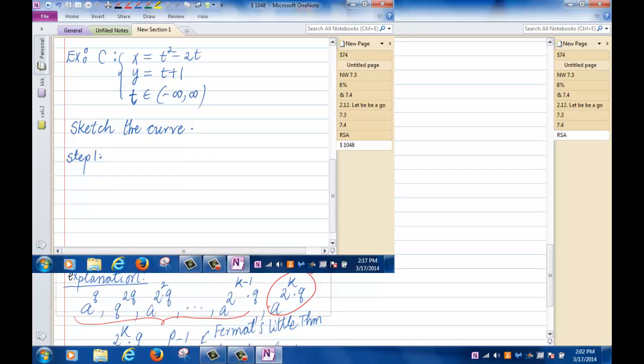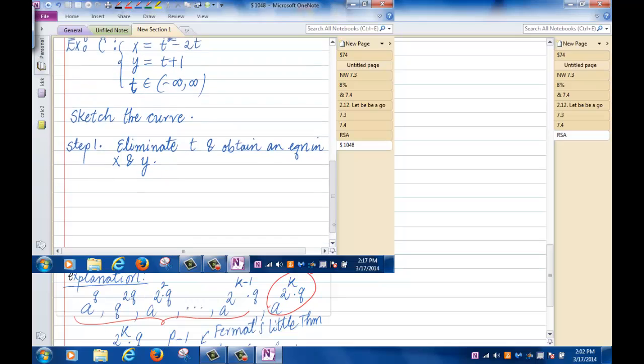So let's see how we can eliminate t and obtain an equation in x and y. Let's see if we could do that.